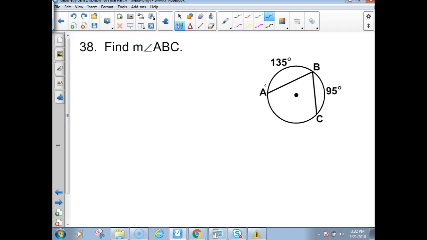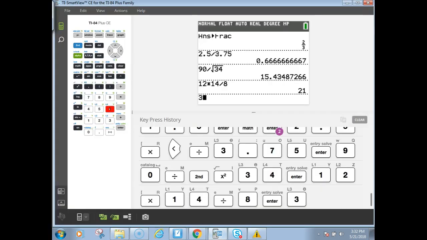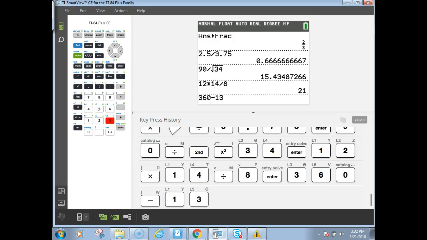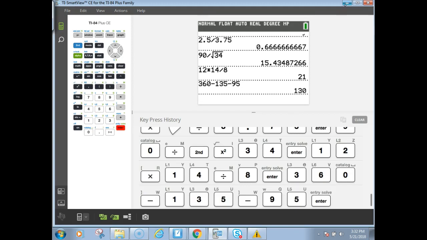38, find the angle ABC. Well, we've got everything but the arc measure that it's equal to. So we do 360 minus 135 minus 95. It's 130 degrees.